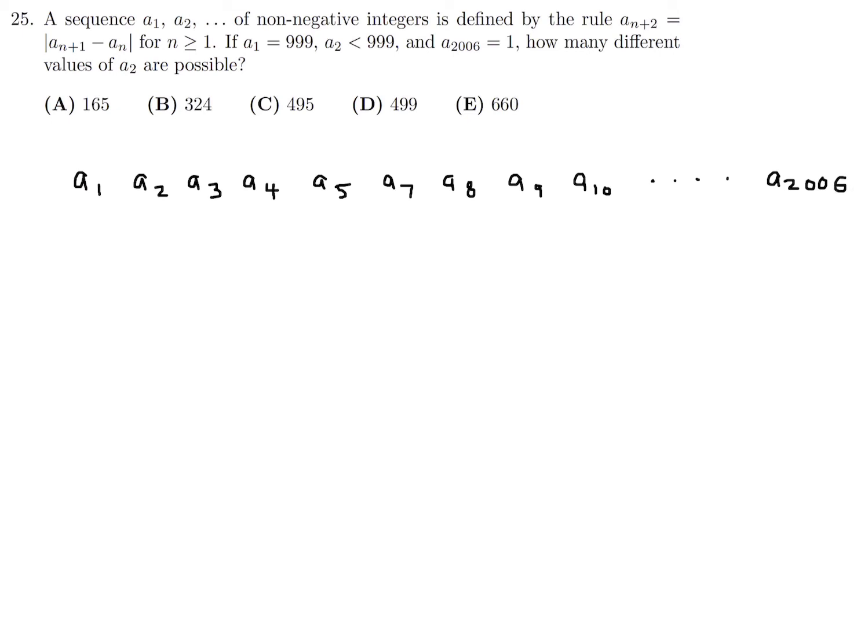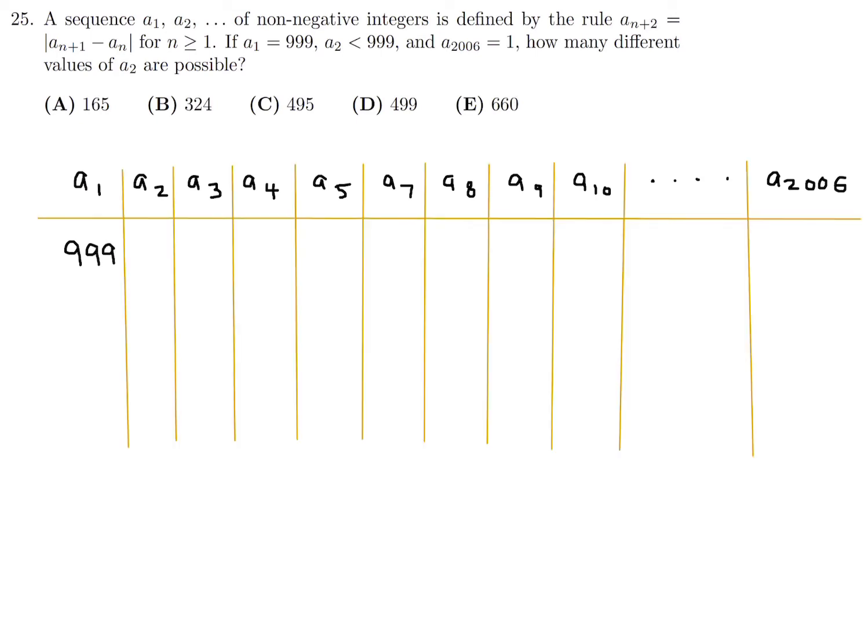Now we are told that A1 is fixed as 999. And let's use our relationship here, that A(n+2) is equal to the absolute value of A(n+1) minus A(n).